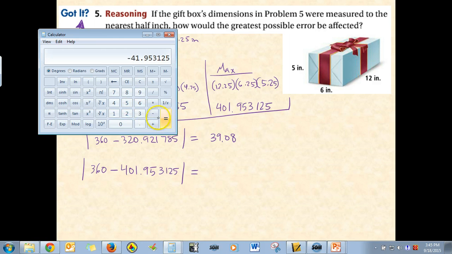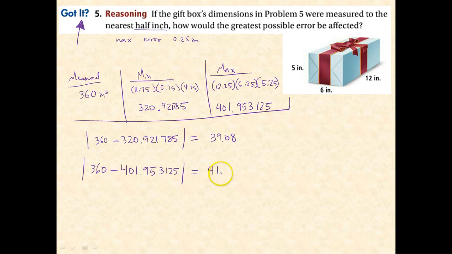So the absolute value would make it positive, 41.95. This one's greater.